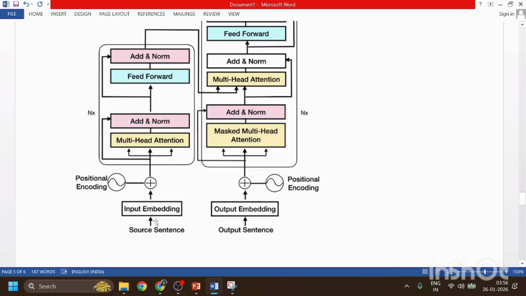So we need to add positional encoding to the embedding to tell the model the order of the words. This combined representation goes into the encoder stack.